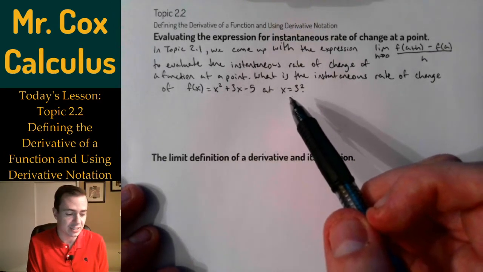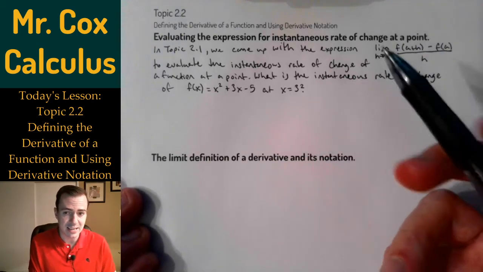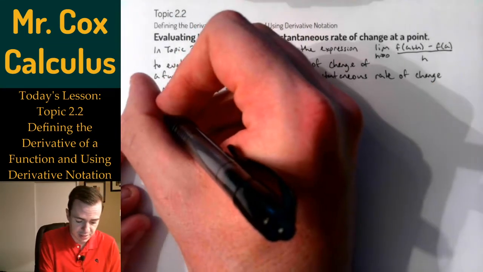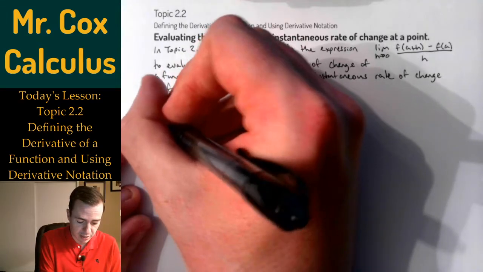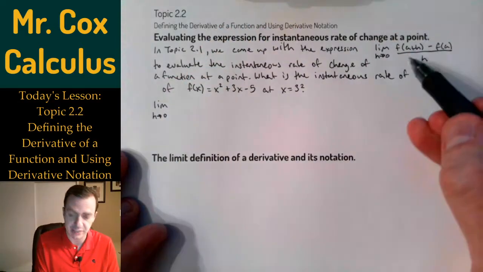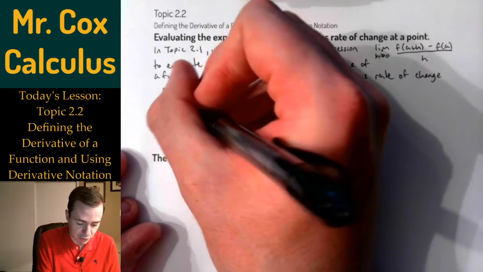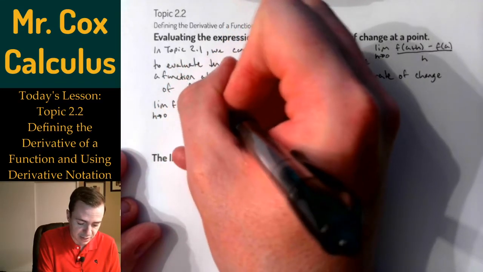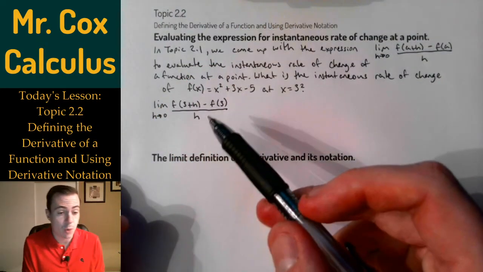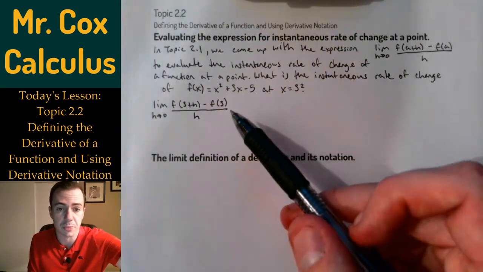I want to know the instantaneous rate of change at x equals 3. In topic 2.1 we built the expression: the limit as h approaches 0, with a equal to 3, of f of 3 plus h minus f of 3 all over h. What we want to focus on today is how to evaluate this expression.